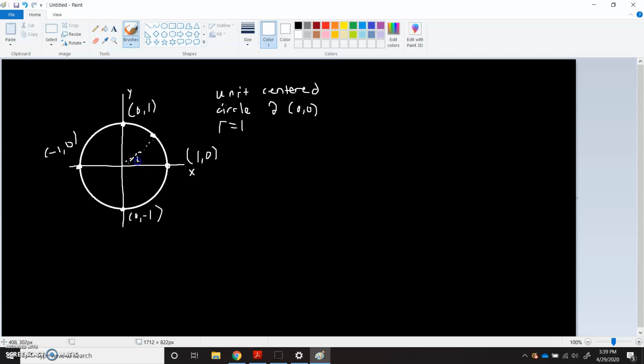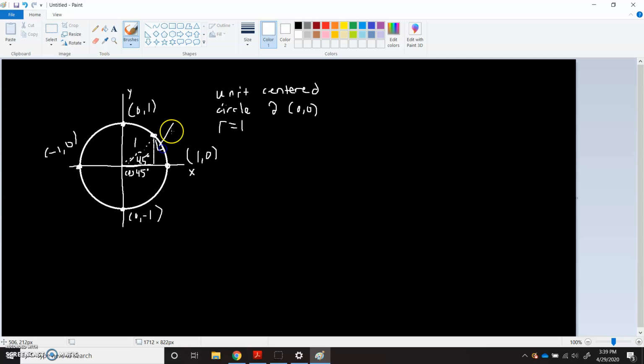So this is a 45-degree angle, and we want to know how tall a triangle would be here and how long its base is as well. Another word for these values: this is the cosine of 45 degrees.